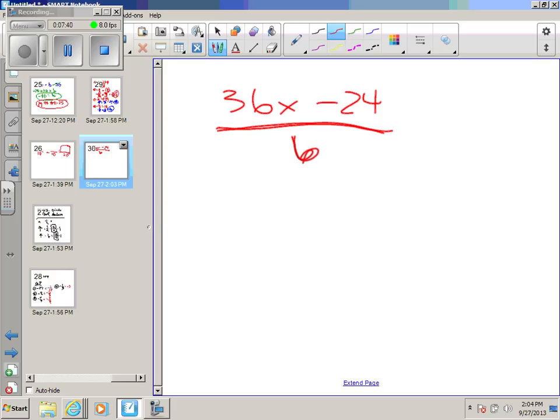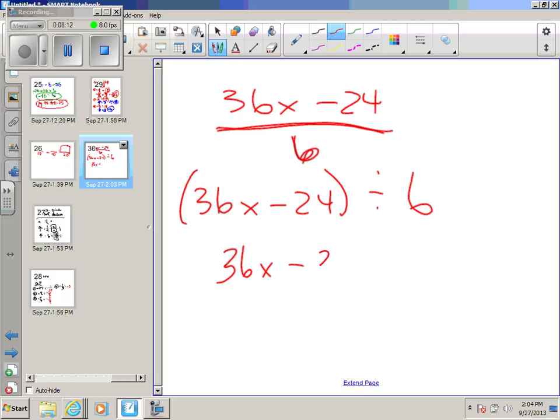All right? So what I'll do is I will use the division rule, because what I have is 36x minus 24 divided by 6. Right? If we were to put this into fraction form, okay, what I could do is, well, there it is in fraction form. I could multiply everything by the reciprocal of 6.